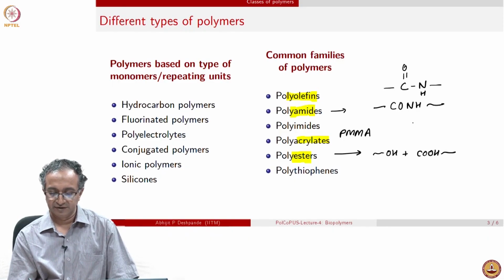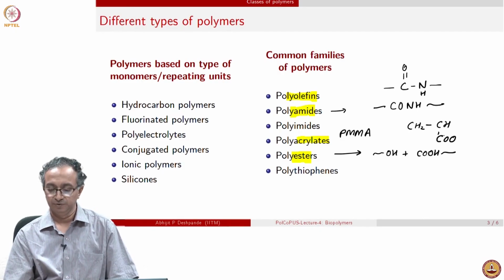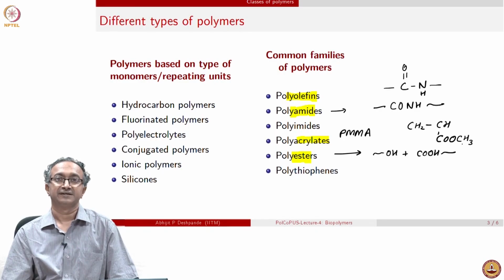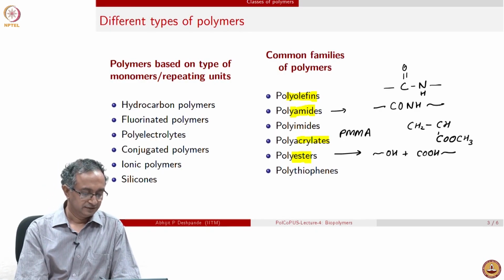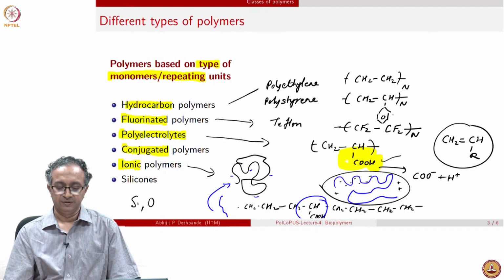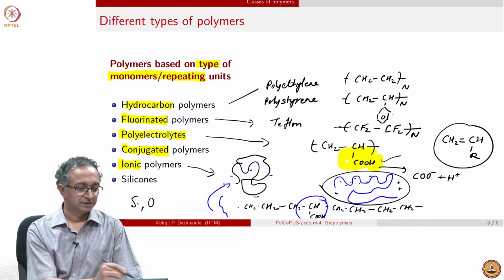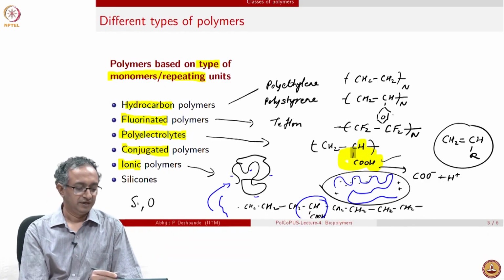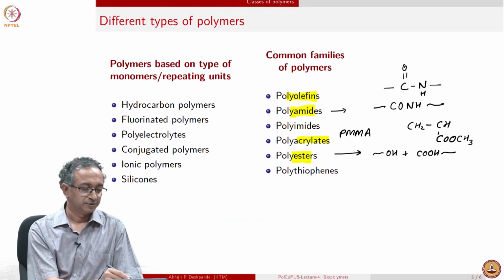So as you remember from the last slide, this is the acrylic group, but instead of that, if we have, so this becomes methacrylic. And just to remind you, instead of a hydrogen which was there on the polyacrylic group, if we have a methyl group.